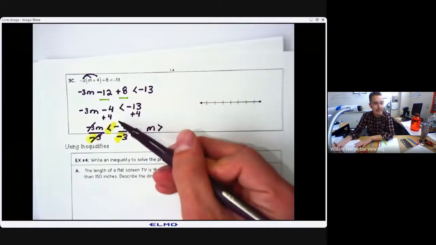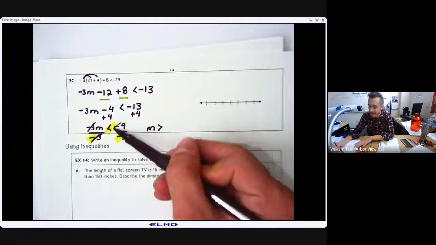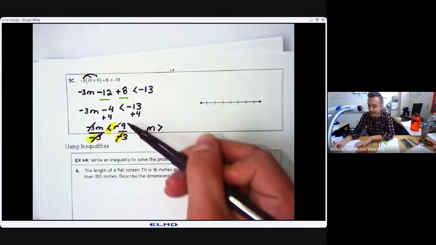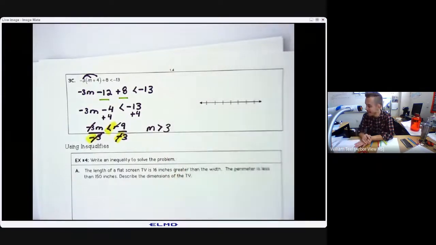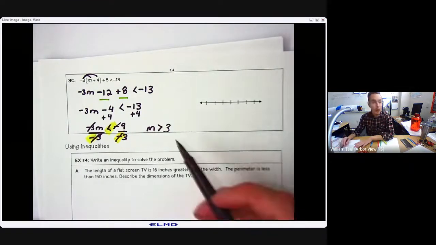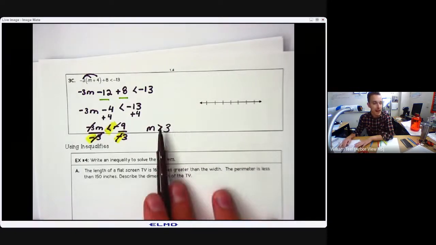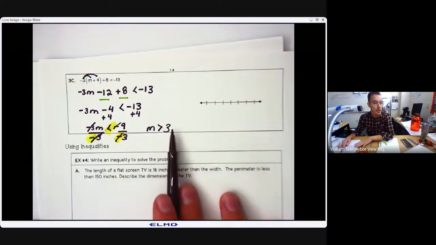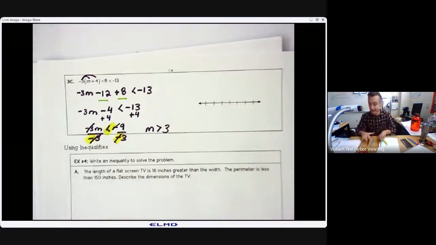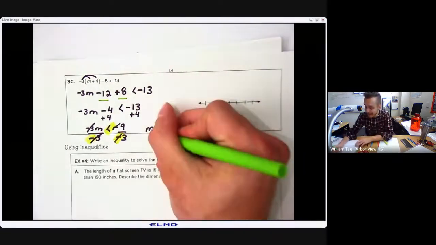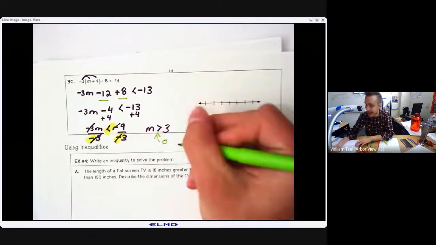If I have a negative divided by another negative, that's going to become a positive. 9 divided by 3 is 3. So I have m is greater than 3. Now, think to yourself, is this going to be an open dot or a closed dot? Well, since I don't have a line underneath this, I don't have equality here, I am not going to be including 3. So that means I'm going to be keeping this an open dot.